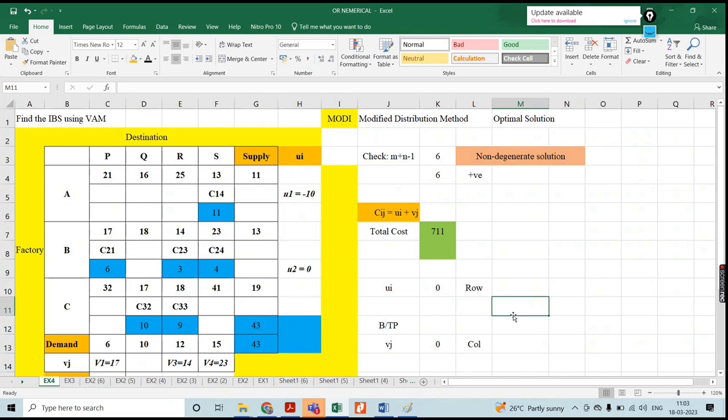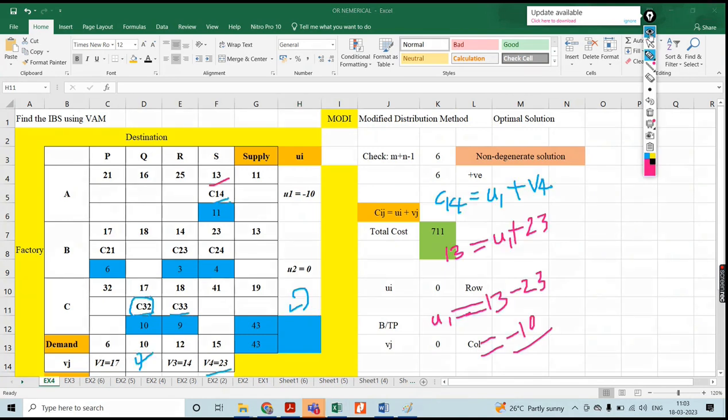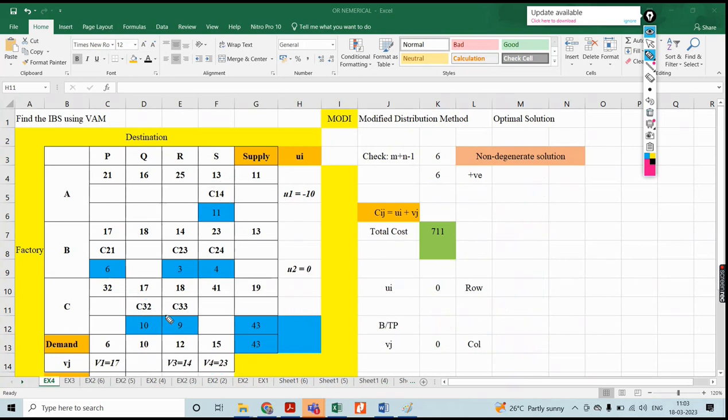Is it possible to make the evaluation of U3 value? From which cost can I make the evaluation of U3 value? From C32 or C33? Can anyone answer? C33, sir. Yes. Got it? Because C32 it is not possible. Why? V2 we don't know.